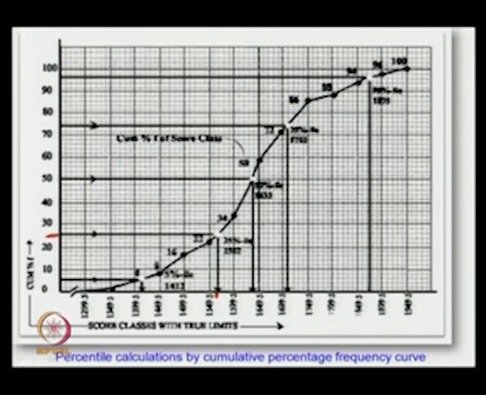If we require the 50th percentile, it is this way; if we require the 75th percentile, it is this way. So, it is a graphical system to measure that: percentile calculation by the cumulative percentage frequency curve.